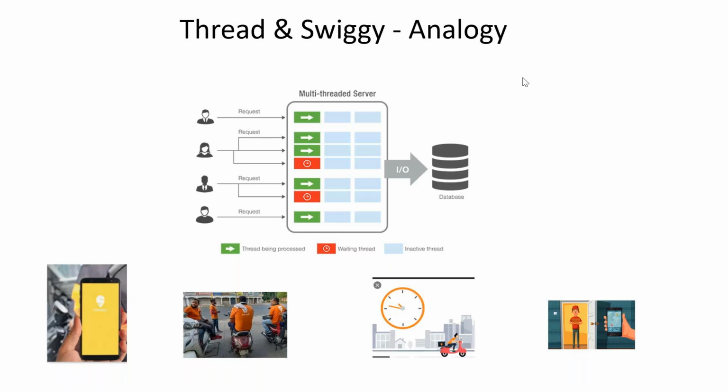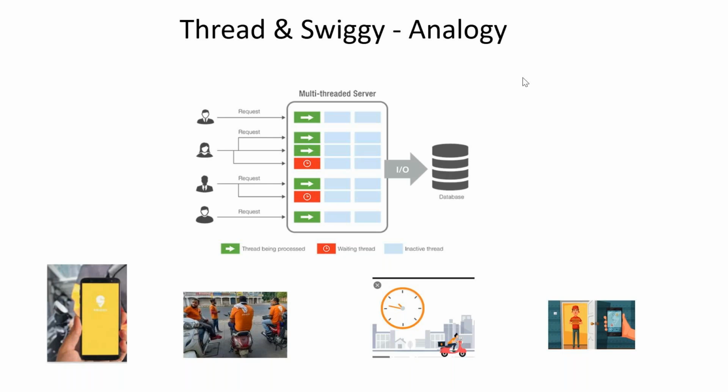When I order, one of the delivery people will get assigned, and he will wait until the food is processed, then pick it up once it is ready, and deliver it. Similarly, depending upon multiple requests, each request will get assigned to an available delivery person, who waits for the food to be processed and then delivers it. That's how the process works.